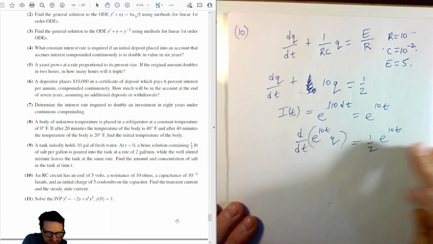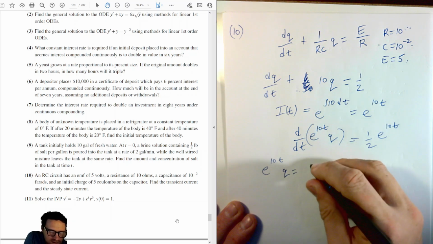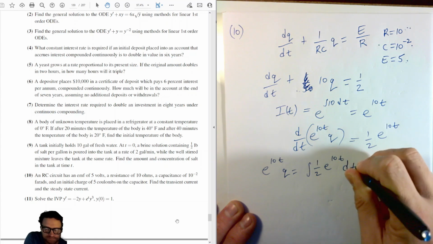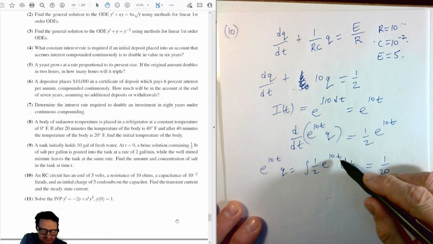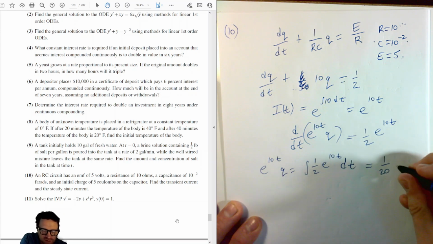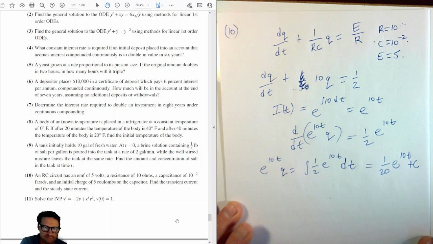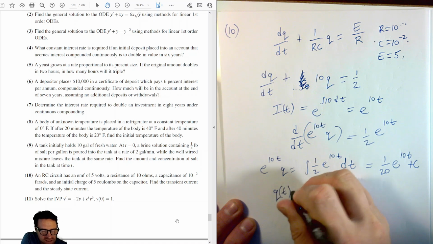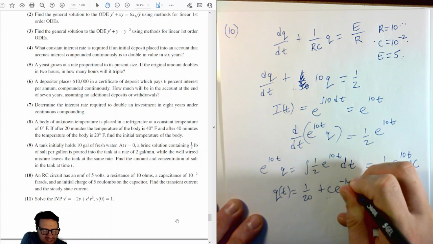And so now, integrating both sides, e to the 10t times q is the integral of 1/2 e to the 10t dt. And this is 1/20 because we need to divide by the 10 in the exponent. So 1/20 e to the power of 10t and then plus some c, our constant of integration. Okay, now dividing both sides by e to the 10t, we have q as a function of t equal to 1/20 plus c e to the minus 10t.